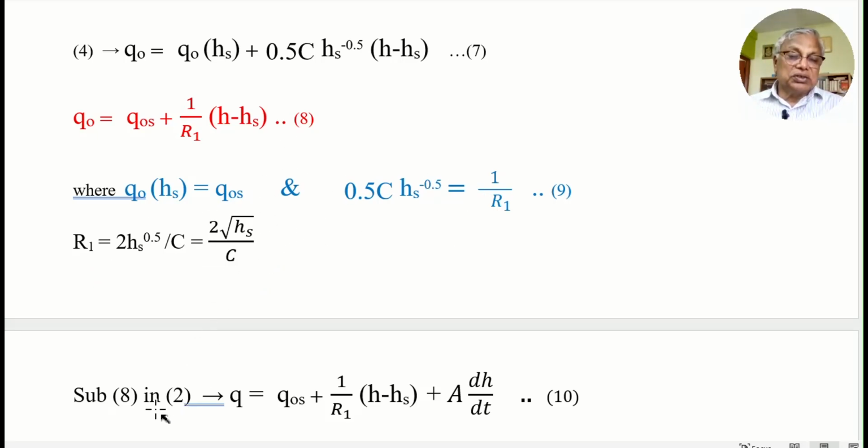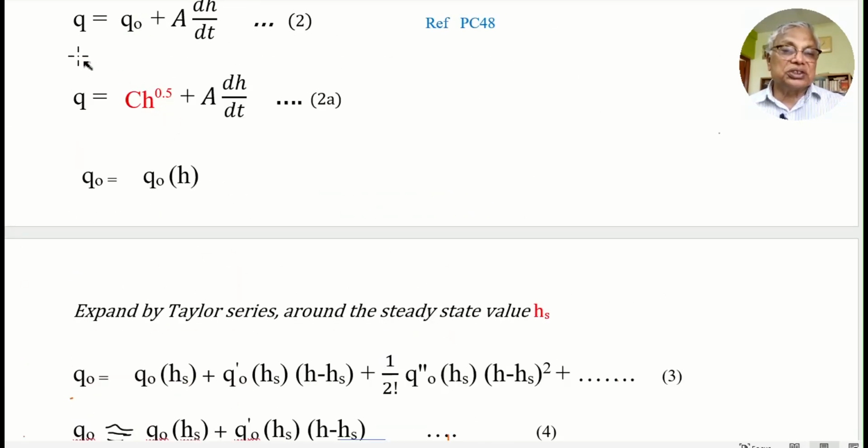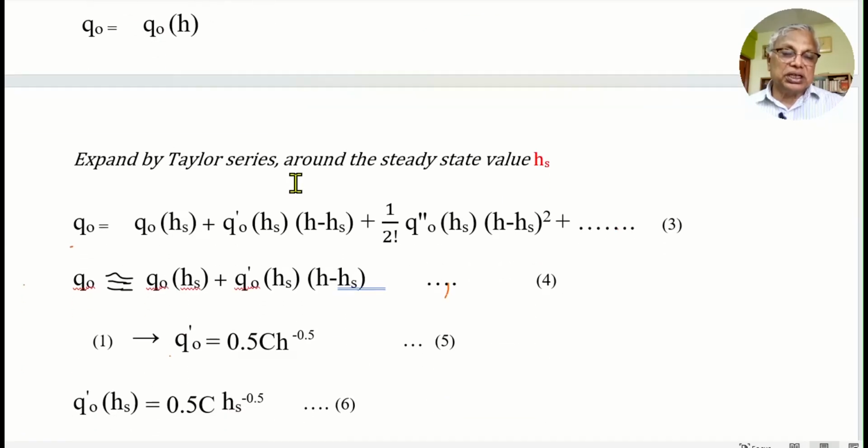Now I'll substitute equation 8 into equation 2. What is equation 2? Our unsteady state material balance equation. I'll substitute equation 8 for this Q naught.